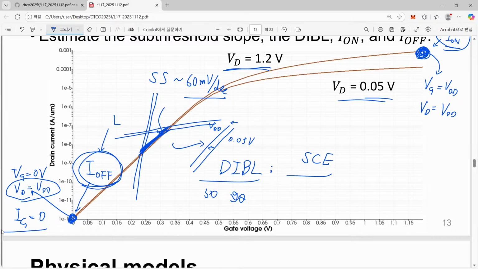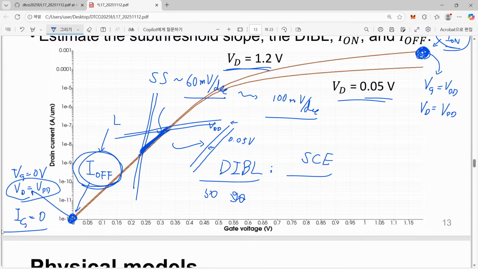Previously, in the case of a planar MOSFET, the acceptable number was around 100 millivolt per decade. More or less this value was regarded as the criterion for acceptable. 90, 80 were regarded as quite good numbers.